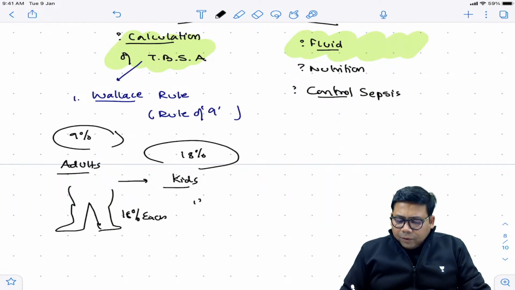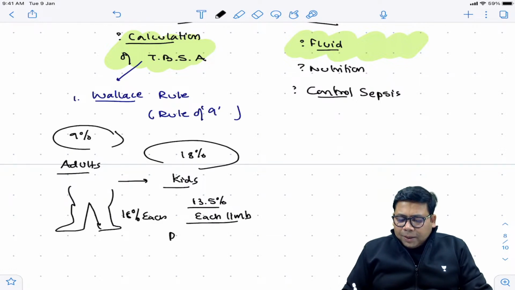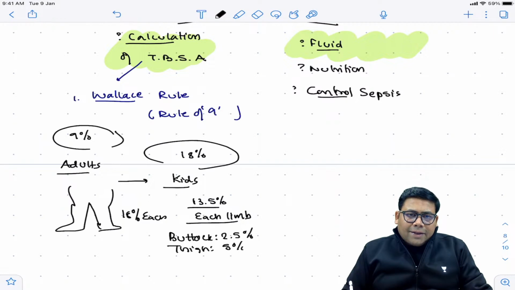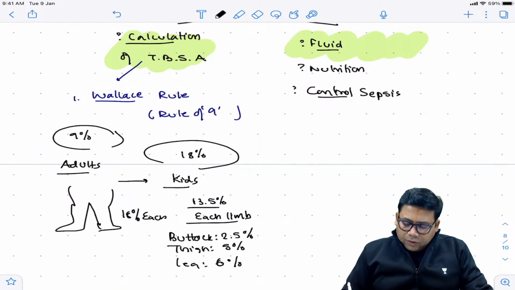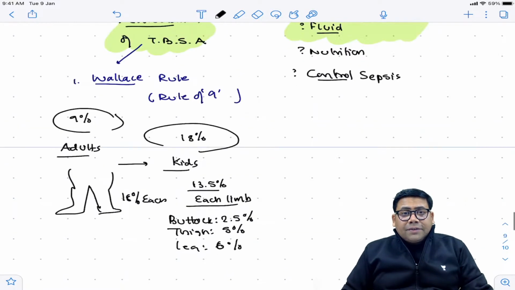So 13.5% goes to each lower limb. Now you will say, sir, how do we distribute this? In this, the buttock is given 2.5%, the thigh is given 5%, and the leg is given 6%. And this is very, very important. Let us try to understand.